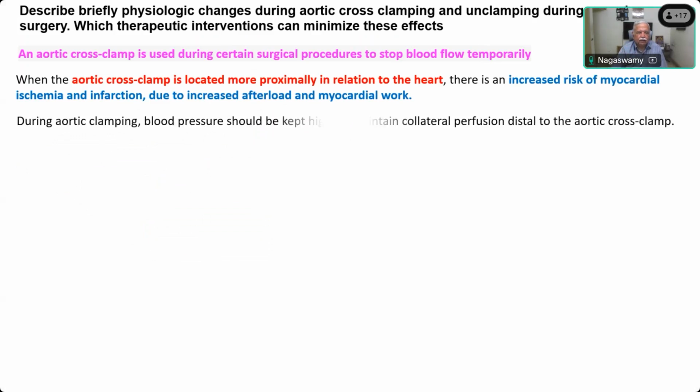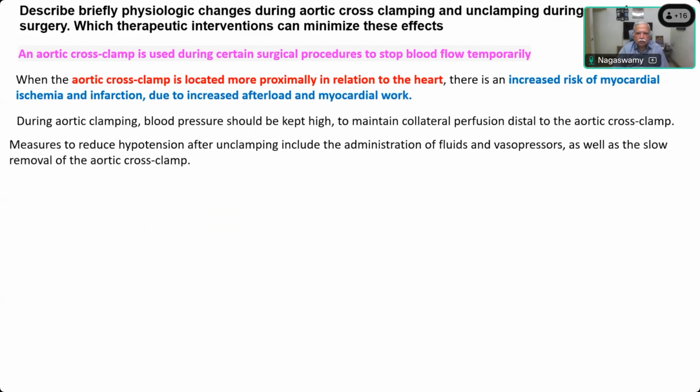Whereas in the tourniquet release, we get both venous congestion as well as lack of arterial oxygenated blood. So collateral perfusion distal to that has to take care of that. To minimize the effects, the unclamping includes the administration of fluid, vasopressors, as well as slow removal of the clamp. That is the technique of how we do it.